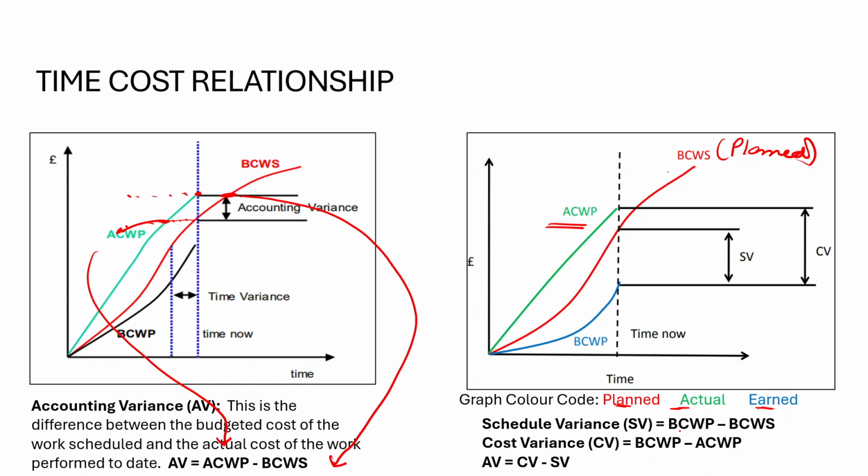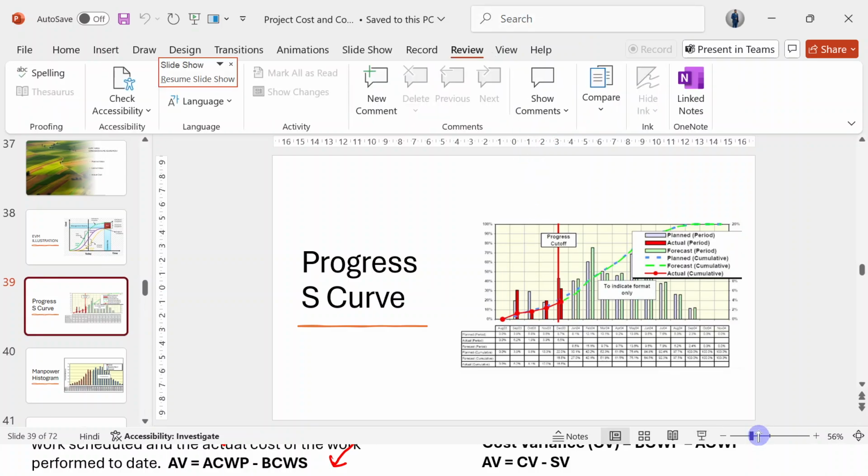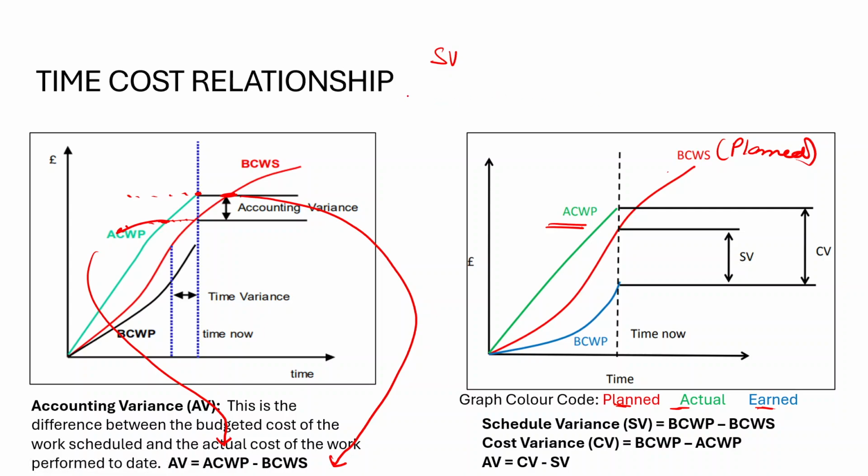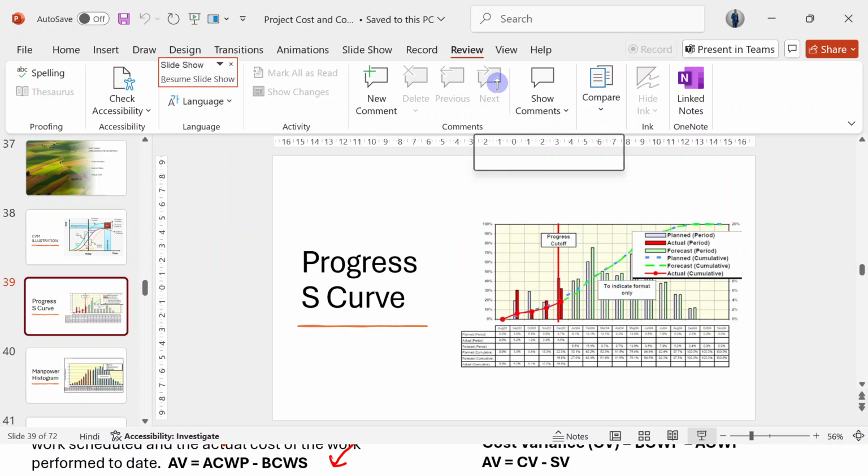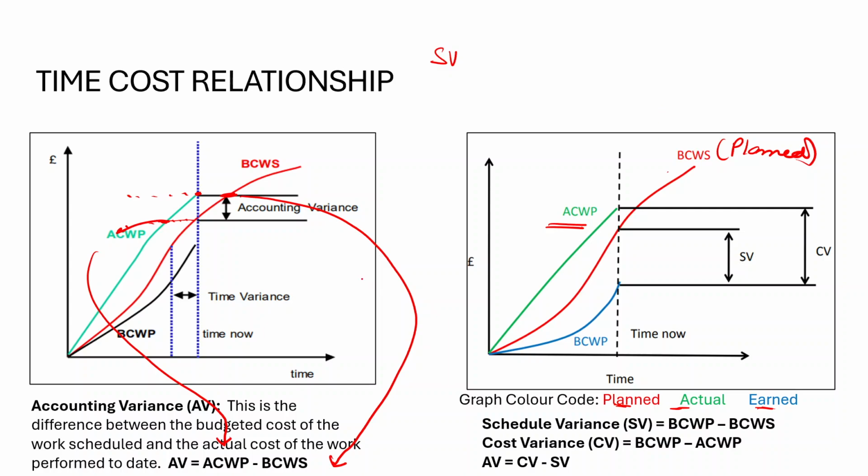Schedule variances. So there are two formulas. One was schedule variance is equal to earned value minus planned value, and another formula is schedule variance is equal to BCWP, budgeted cost of work performed, minus budgeted cost of work scheduled.